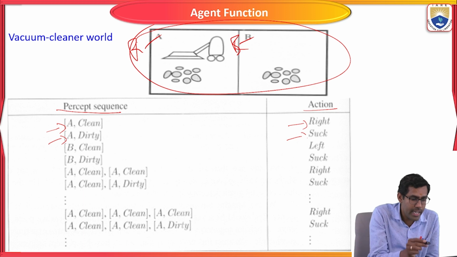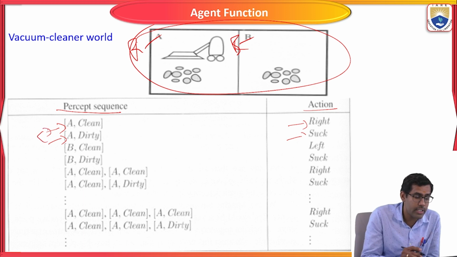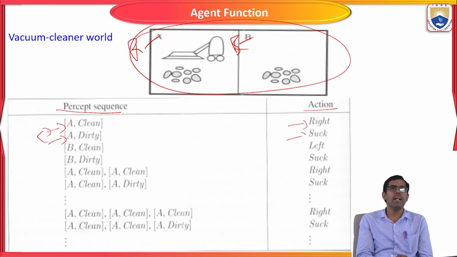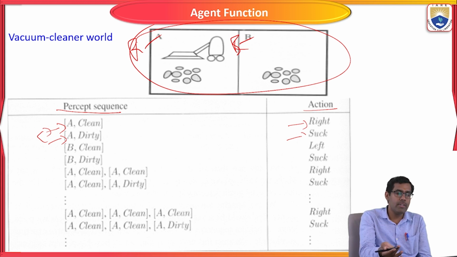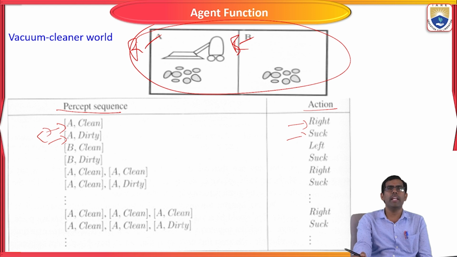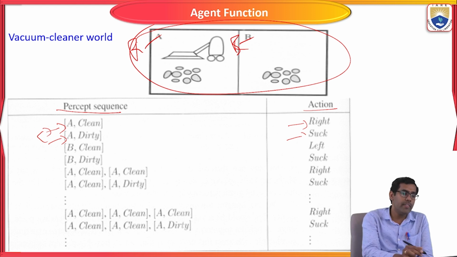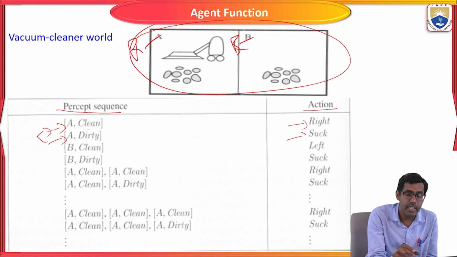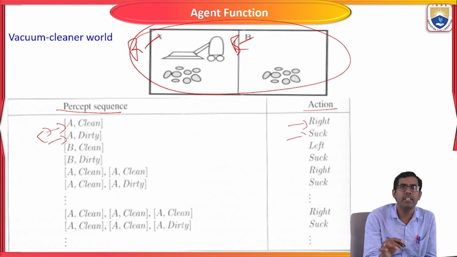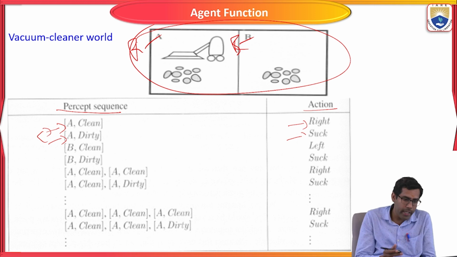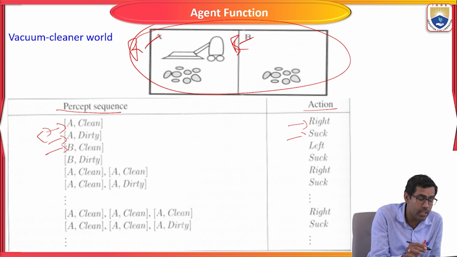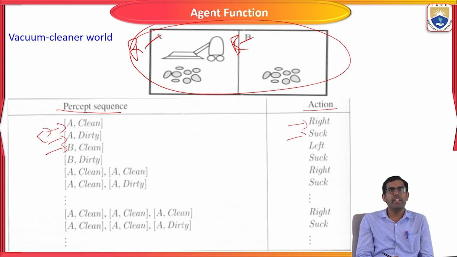After that, again it moves to the first state, A comma clean. Again we instruct the artificial intelligence based machine whether the particular place is clean or dirty. If it is clean, then again the action is move right, that is, move to some other place. Then it comes to the next state.